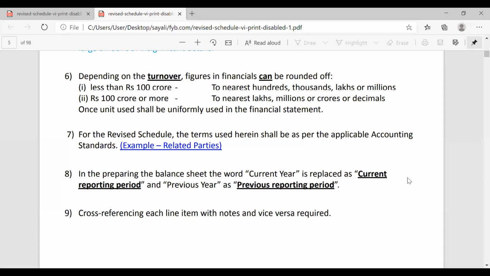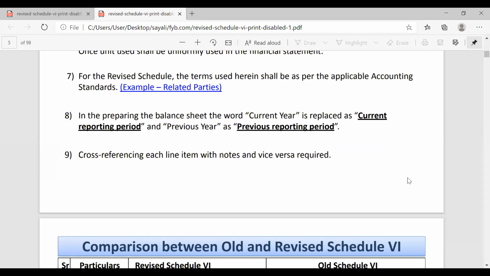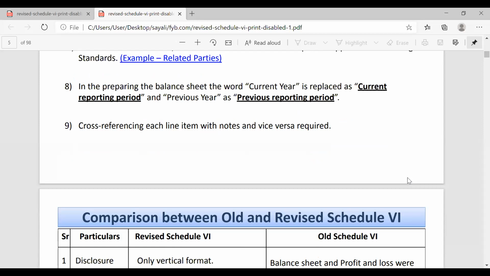So when you prepare your balance sheet, there are two columns for recording amounts, that is the current reporting period and previous reporting period. Cross referencing of each line item with the notes and vice versa is required. Means whatever you are recording, for everything you have to prepare notes to account.